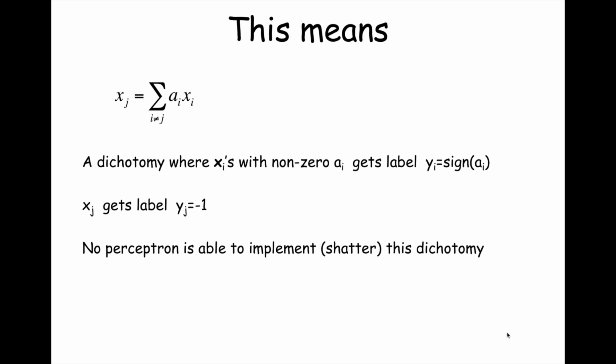And we're going to show that no perceptron is able to shatter this particular dichotomy. If it can't shatter this particular dichotomy, it's going to fall short of that 2 to the n, and therefore can't shatter the data set. Does that make sense? Okay, so let's take this definition and carry it forward and show that we can't possibly shatter this particular dichotomy, thus falling short of this 2 to the n.